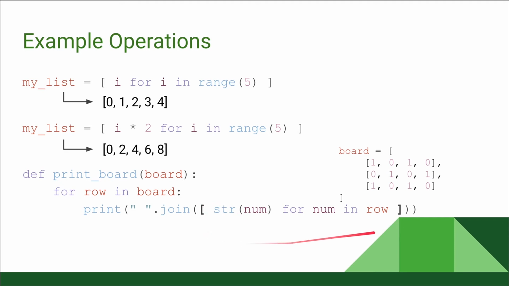Then we can use that list as our parameter for our join. So when we call join with this list, each of those string versions of our numbers will get concatenated with the space, and it'll get printed out nicely, giving us that nice layout you saw when you ran your programs in the checkerboard assignment.